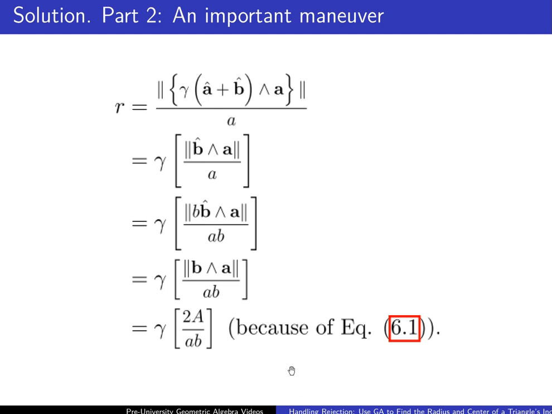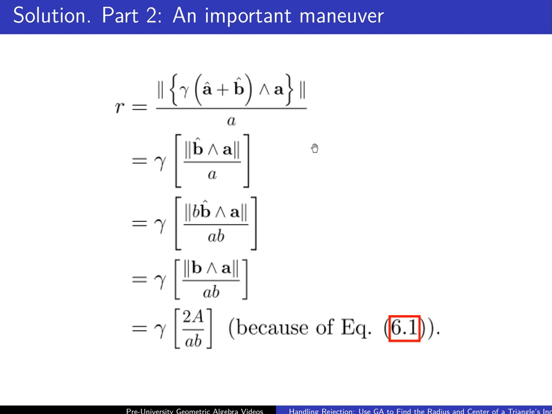Now, there's an important little maneuver in some of these simplifications, and again, it's called out more clearly in the document itself that I uploaded. Here, when we wedge A hat with A, that drops out, so we're just left with B hat wedge A. B hat wedge A is not of any use to us as it is. So we multiply top and bottom, numerator and denominator, by the magnitude of b, so that instead of having b hat wedge a, we have b wedge a, which is 2 times the area.